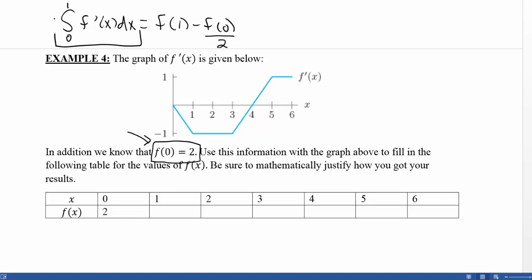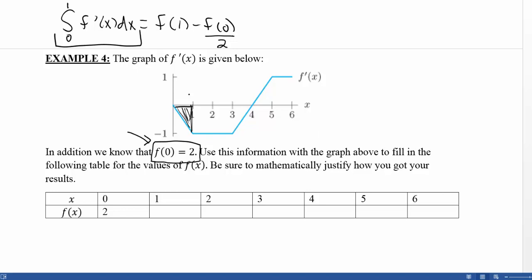So the change from 0 to 1, we can use the graph for. We want to look at the area between 0 and 1 under the curve here. So you can see that this is a nice little triangle here. So from 0 to 1, if we do 1/2 base times height, the base is 1 unit long because we were going from 0 to 1, and the height is -1.